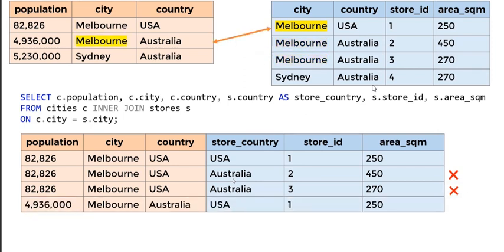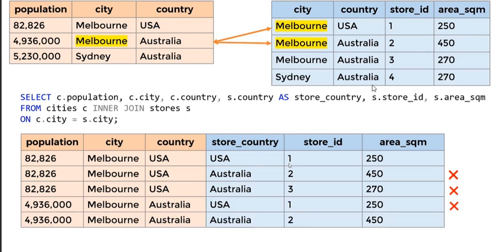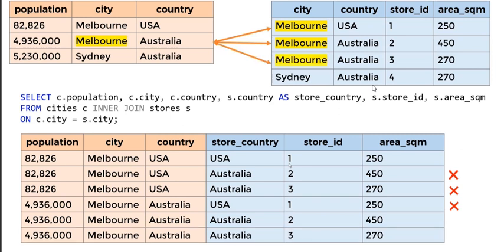Melbourne Australia gets joined to Melbourne for store ID 1. Again this is incorrect, as store ID 1 is in the USA. Then we have Melbourne Australia joined to Melbourne for store ID 2, and Melbourne Australia joined to Melbourne for store ID 3.